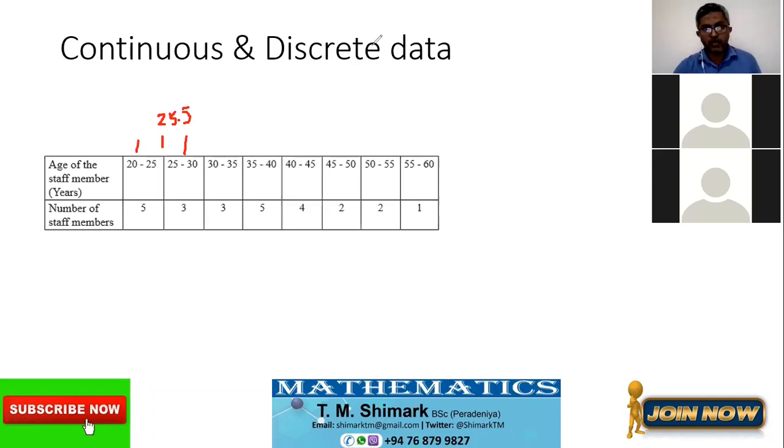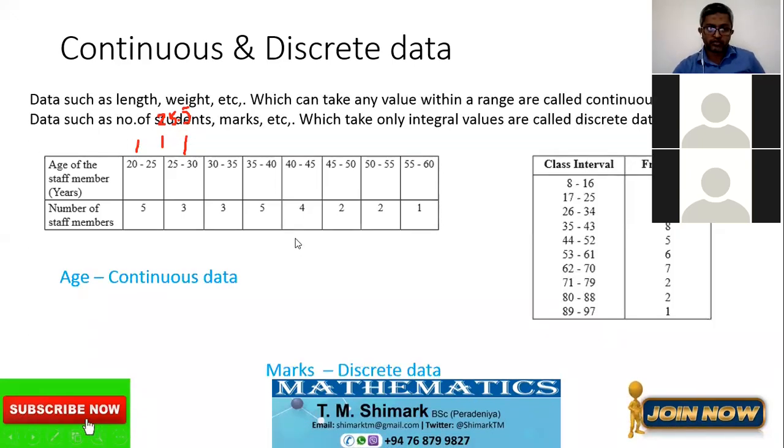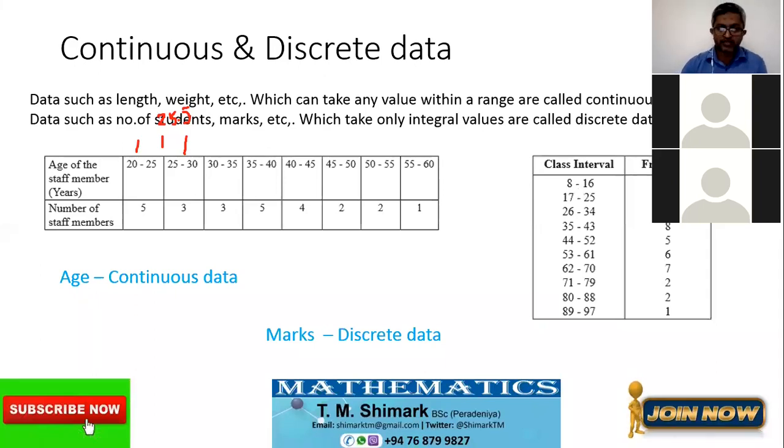I will give you another example, then you will understand what this difference is. The earlier example was about marks, right? Marks normally people don't get like 8.2, 8.1, 8.7, we don't get such marks, correct? That's why we have stopped here.